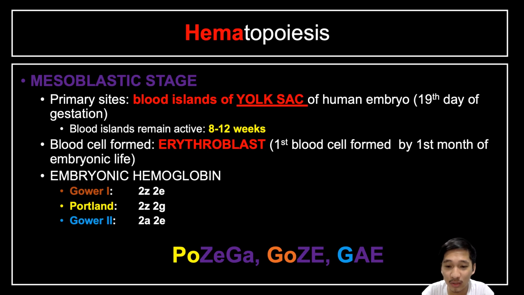And the Gower 2 is GAE, which is 2 alpha and 2 epsilon. So how do we differentiate the Gower 1 from the Gower 2? I have this mnemonic: GAE, Gower 2, 2 alpha and 2 epsilon. So don't forget these mnemonics: Poseiga, Gozeiga, GAE.